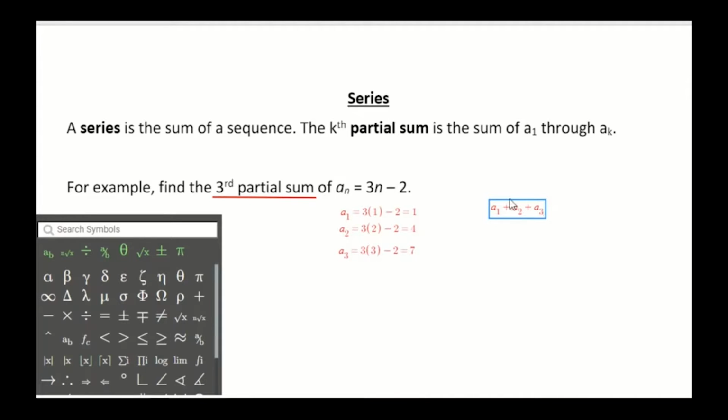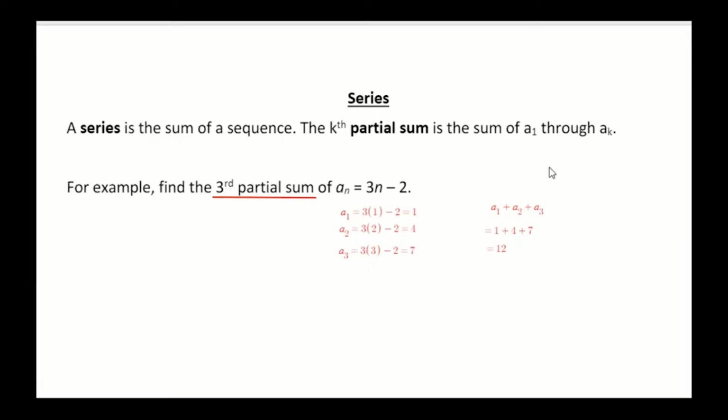And as we just saw, that's going to be 1 plus 4 plus 7, which would be 5, and 7 is 12. So the third partial sum of this series is 12. So that's pretty easy, right? You're just literally adding numbers together. You just have to make sure that you find the correct values first.